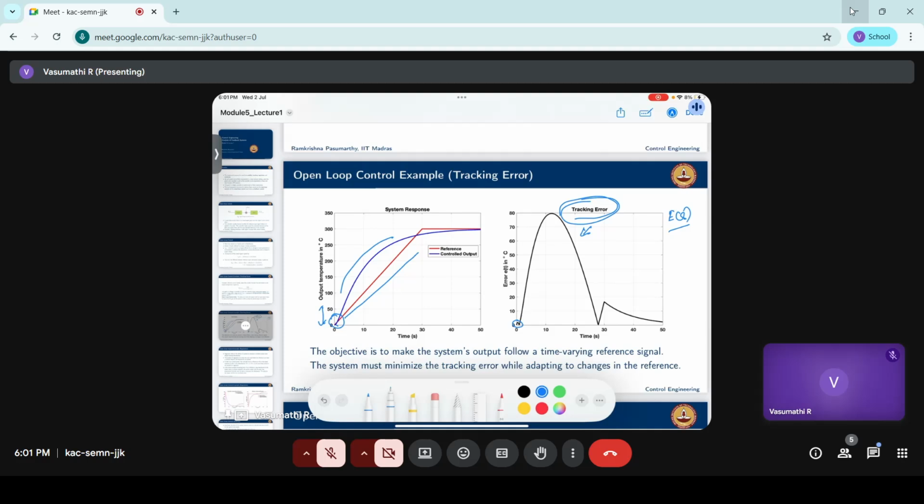When it comes around 10 to 20, the difference becomes larger. That's why this has peaked, and you can see some deviation here, and both coincide here. That's why the error went down to 10 here, and later it's nearly tracking, so the error also came down.